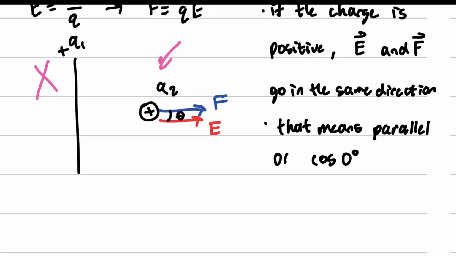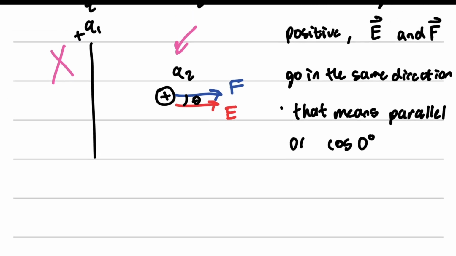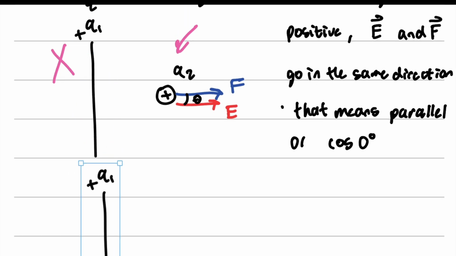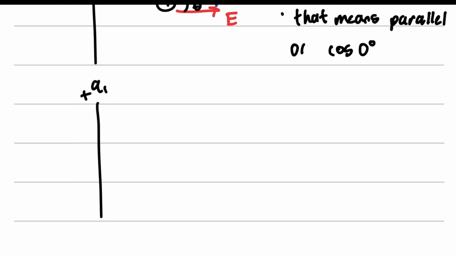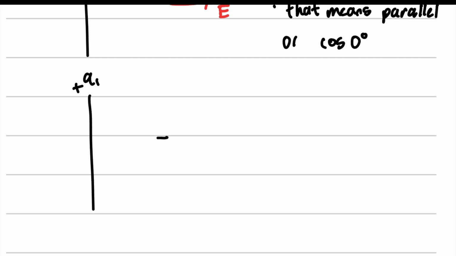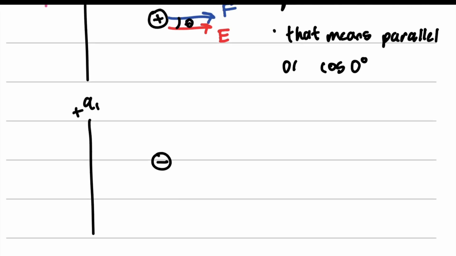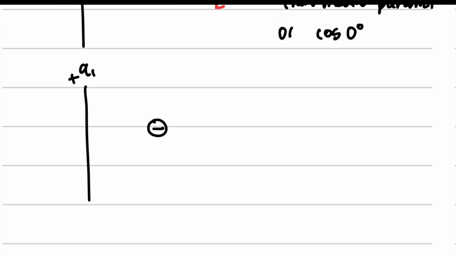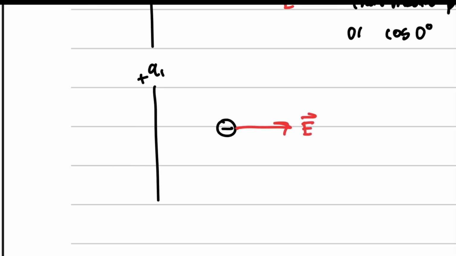Now, what if we had the same situation, but this particle was negative? Now notice, the electric field is still going to be pushing this way, because that's our convention of positive stuff, right?